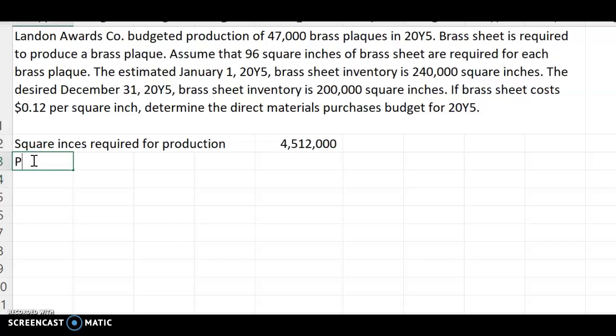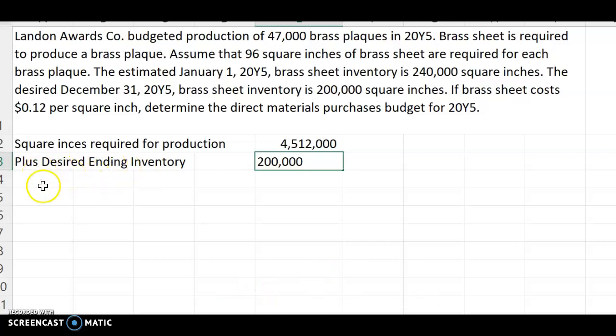And I want to have my plus desired ending inventory. It told me that I want to have 200,000 square inches desired that I add.